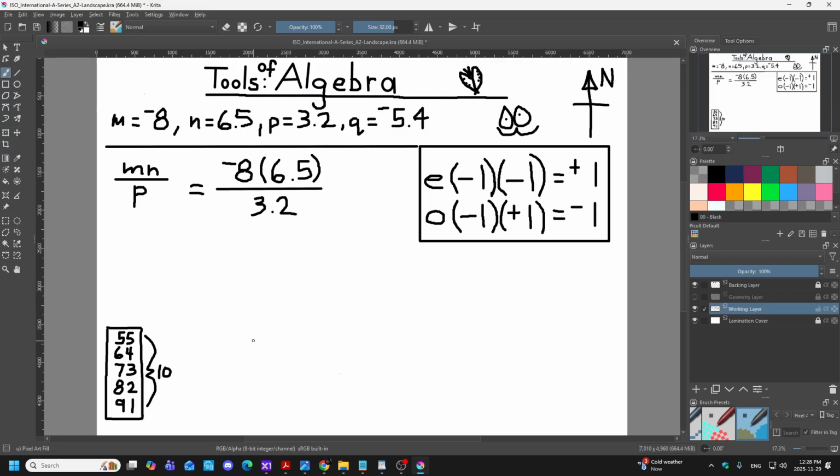Showing the work quickly, 6.5 times 8. I already know the sign.